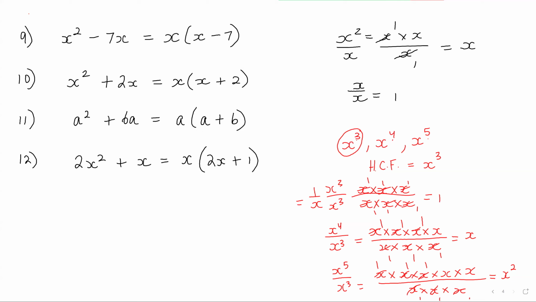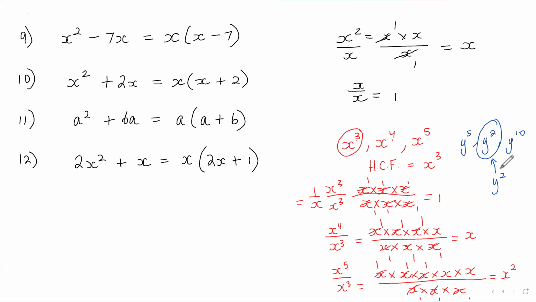If, for example, I had y to the power of 5, y to the power of 2, and y to the power of 10, the highest common factor will be y to the power of 2, because that can go into y to the power of 5 and y to the power of 10 without leaving any remainders.